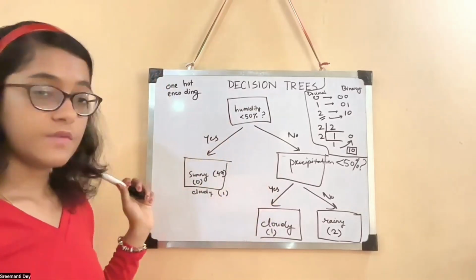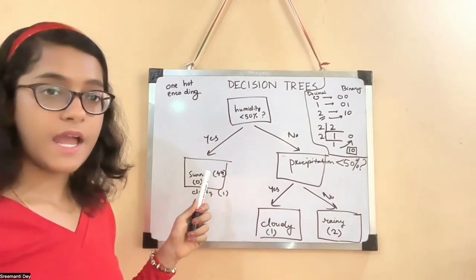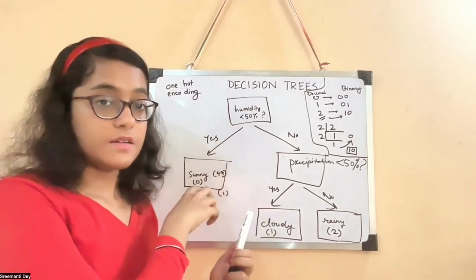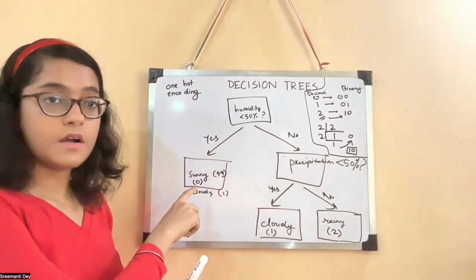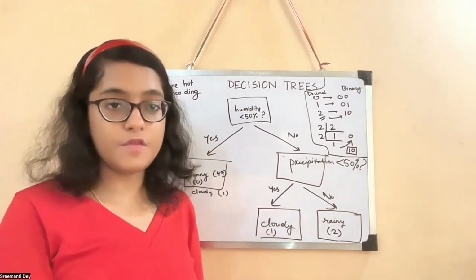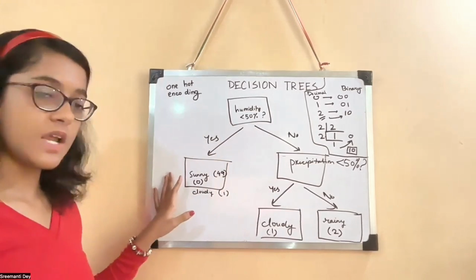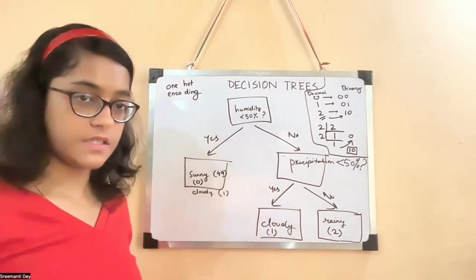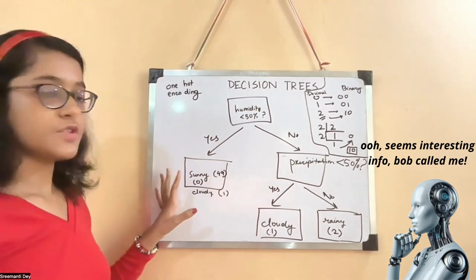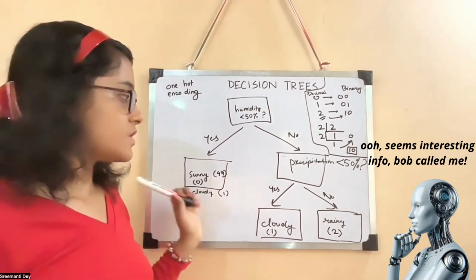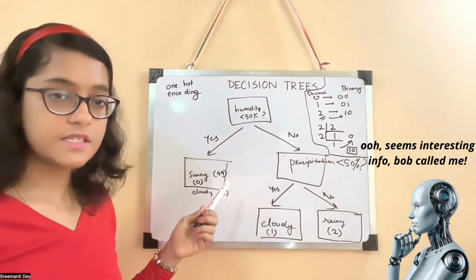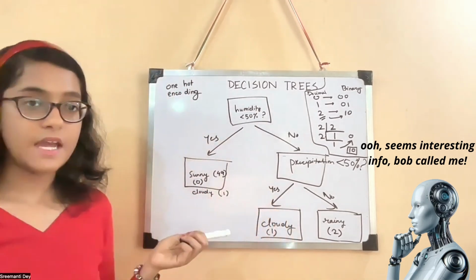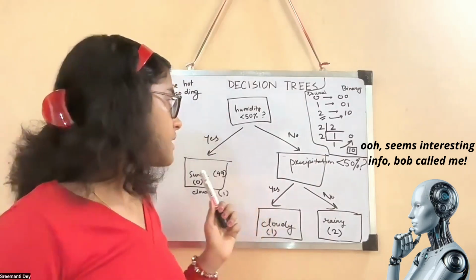But whenever we are classifying a leaf node, we take the class which has the larger number of samples. So this one we are going to classify as sunny. We won't bother about cloudy at all unless we want to divide this further. It is not necessary that all the points here will be sunny. It can happen that one is cloudy.